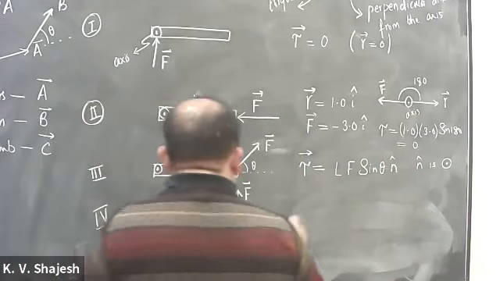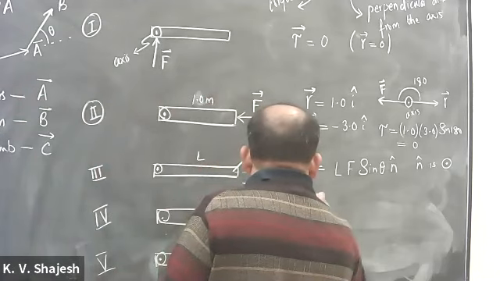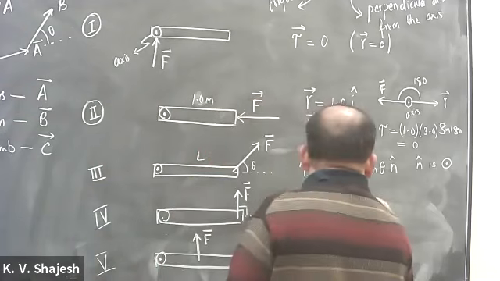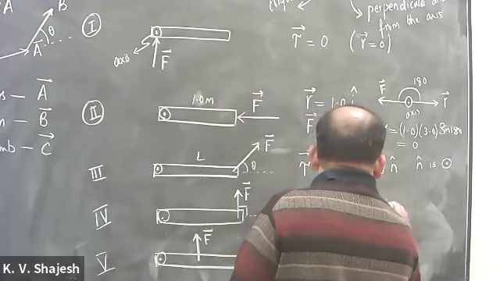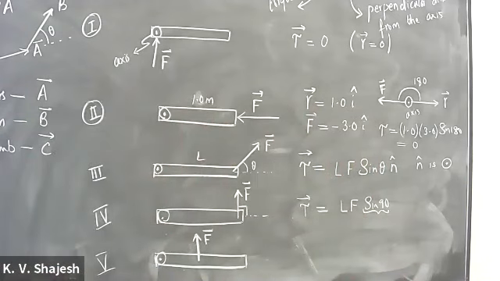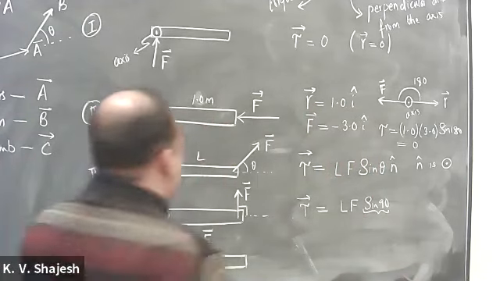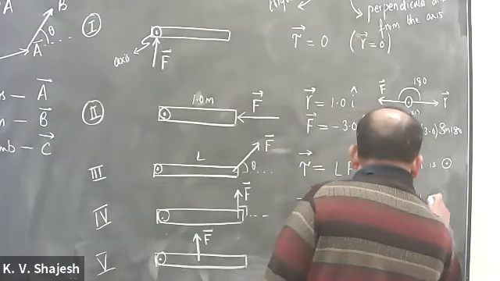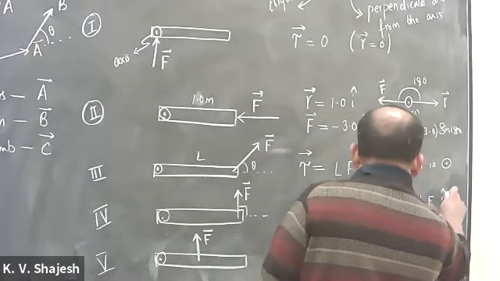What about here? The torque is equal to L times F. Now it is sine of 90, and sine of 90 is 1. Sine of theta is always less than 1, and sine of 90 is 1, so that's the maximum value it takes. So that's L times F times n hat.